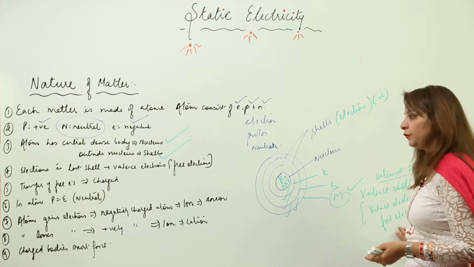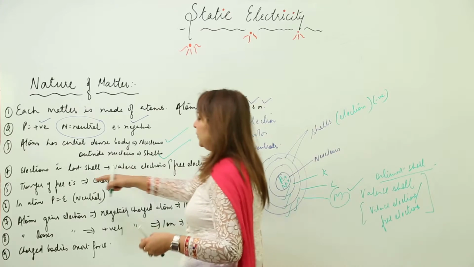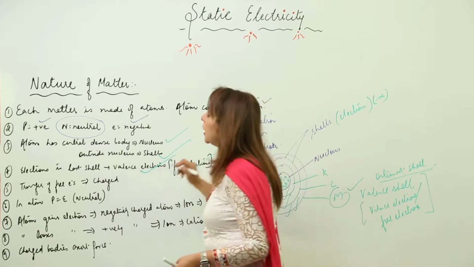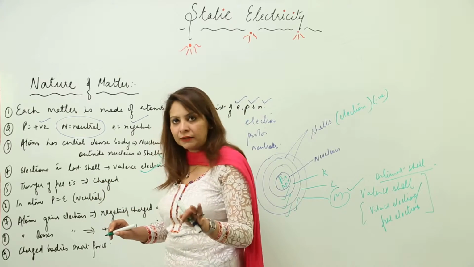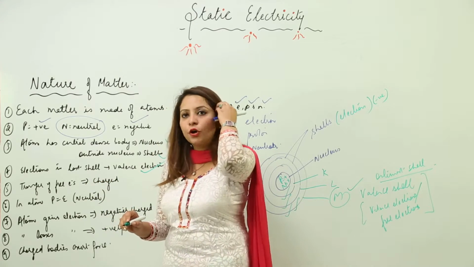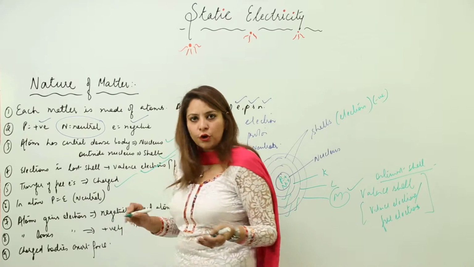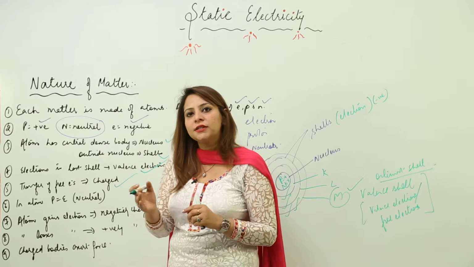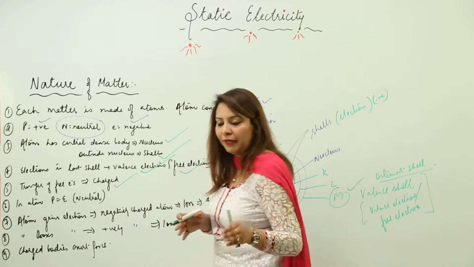The transfer of free electrons can occur, and the transfer of free electrons makes the atom charged, or makes any body charged. Whenever there is transfer of electrons, the atom no longer remains neutral.